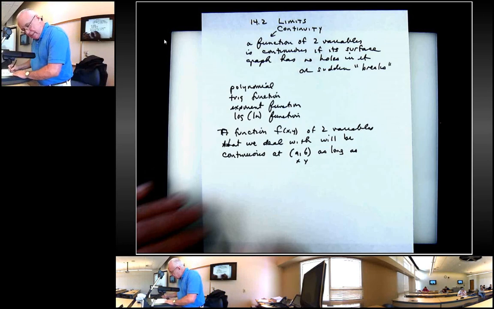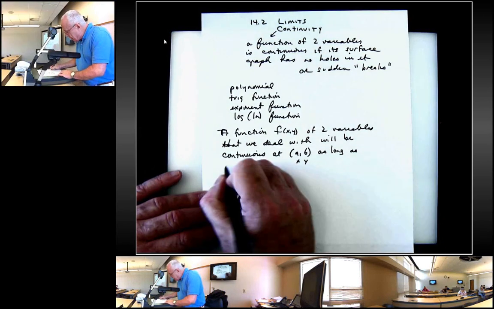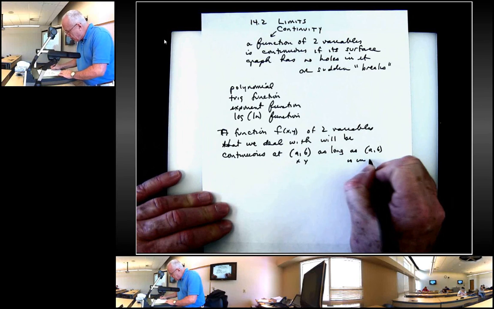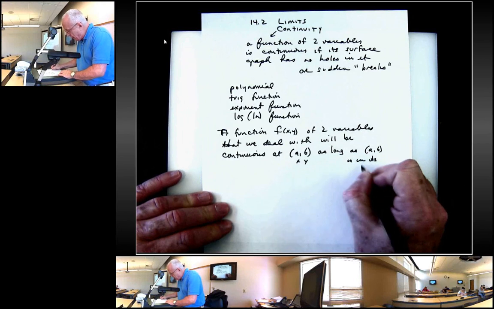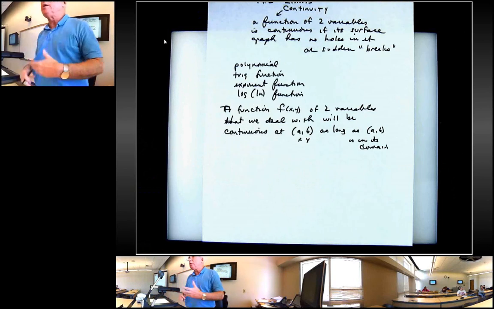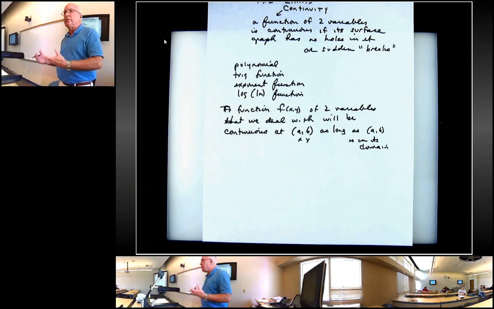In other words, as long as a comma b is in its domain. All right. So as long as, for what we're going to be talking about, as long as a comma b is in its domain, the function is going to be continuous there.